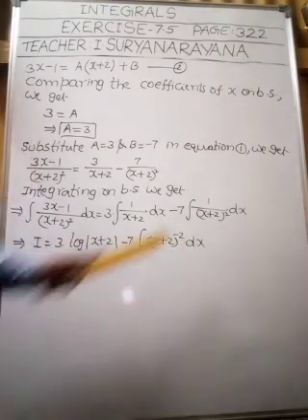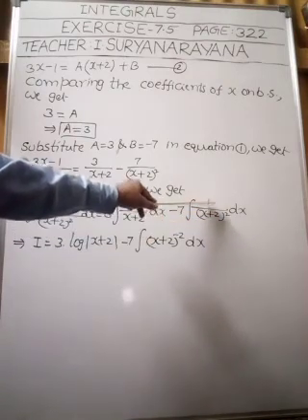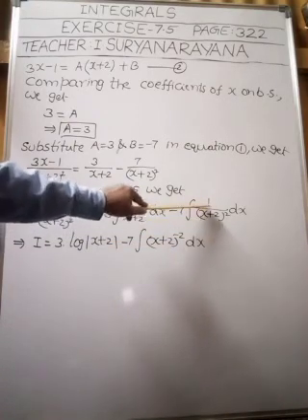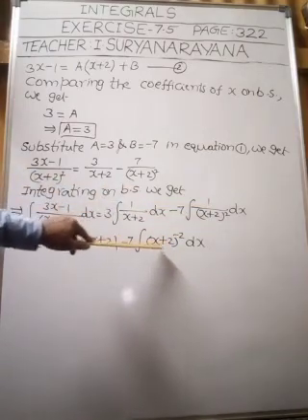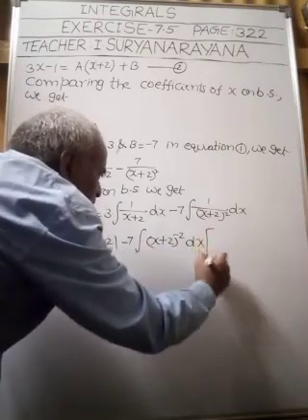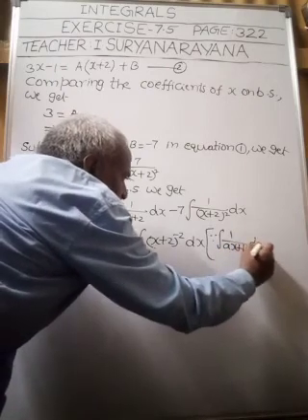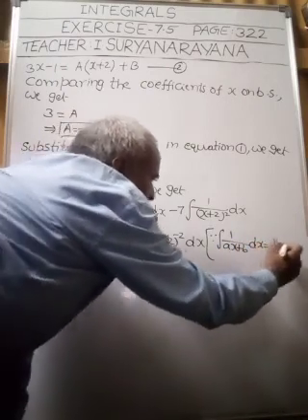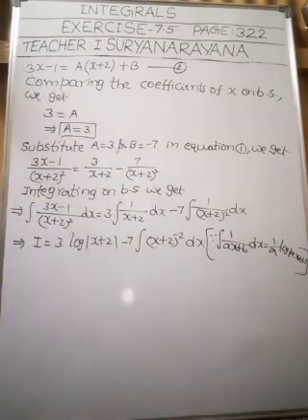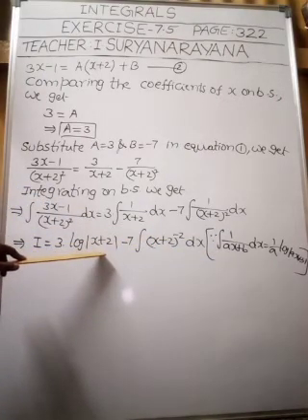This is written as (x plus 2) whole power minus 2; it is taken from the denominator to the numerator. For the first term, I am writing the formula: integral 1 by (ax plus b) dx is equal to 1 by a log mod (ax plus b). By using this integral formula, we wrote this first term. Okay, my children, understood? Right.